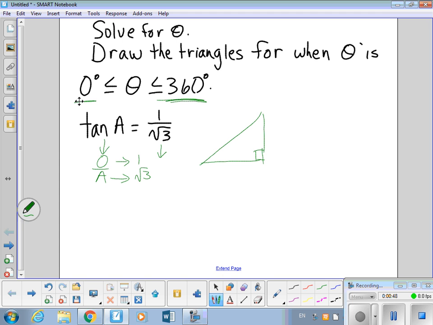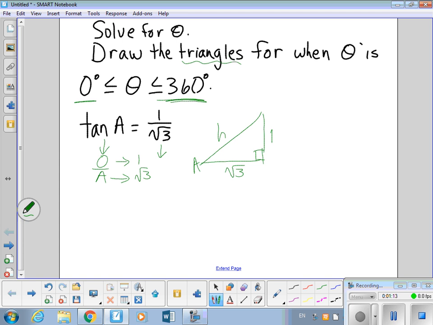So I'm going to put A here. So A opposite is 1, and that means this is adjacent square root 3. And I don't know what the hypotenuse is. So the first thing I'm going to do is calculate that so that I can draw these triangles that they want us to do for the second part of the question.